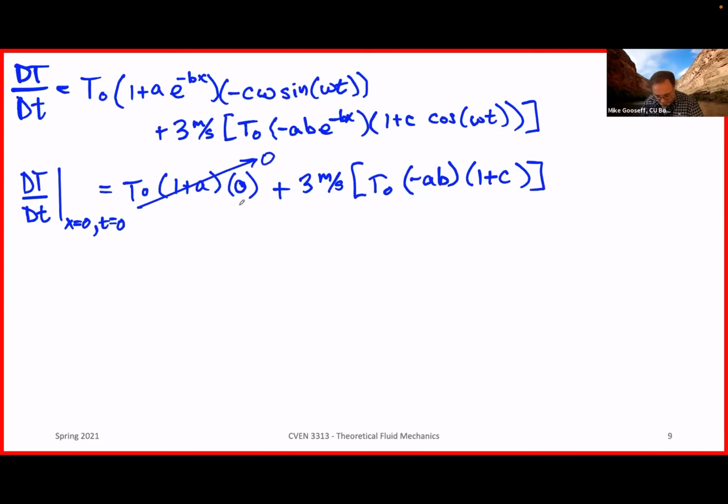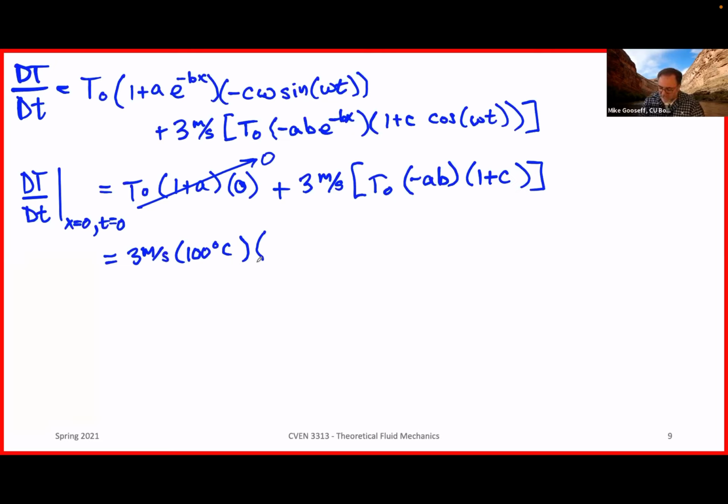So we end up, and you can see why it's a little bit handy for me to work with the letters until we get to this point where we can put in all the numbers. We don't have to drag those numbers around. So 3 meters per second times, now t naught is 100 degrees C times a minus, let's see, where did that come from?